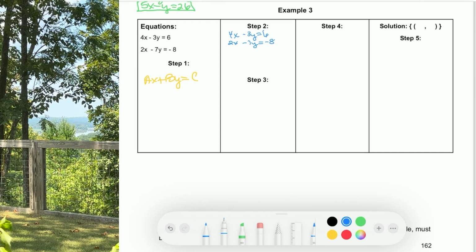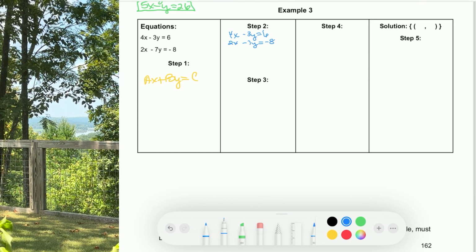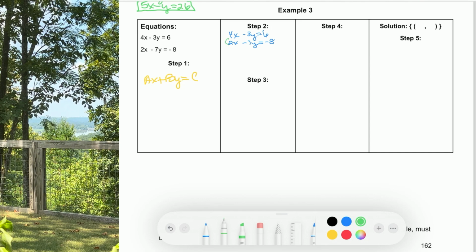Or I can multiply my y's, the top one by a 7 and the bottom one by a 3, so that we get opposite signs of 21y to cancel out. Then I'd have to multiply both equations. So it seems like getting our x's to match is going to be less work. So let's go that way. So I'm going to multiply this bottom equation by negative 2.